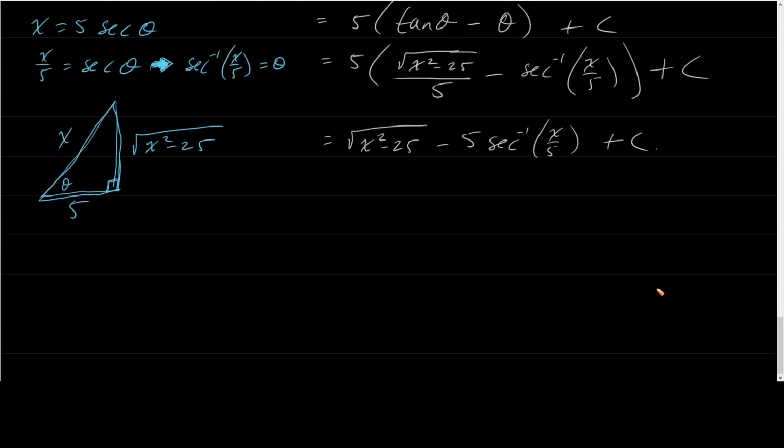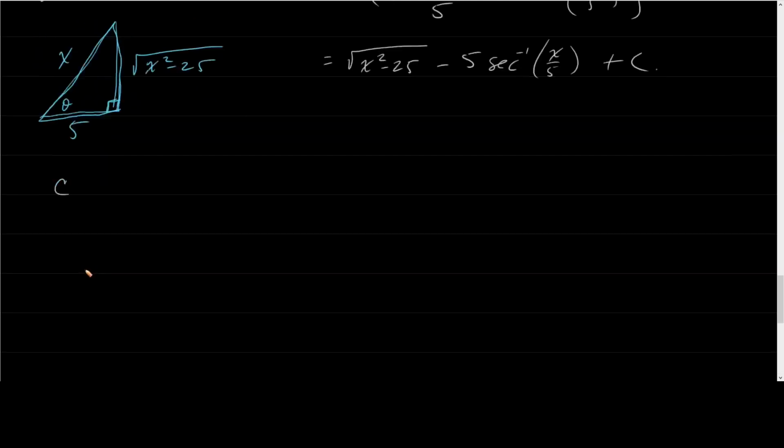So that was B. So C. And C says the integral of 9x cubed over the square root of 1 plus x squared dx.